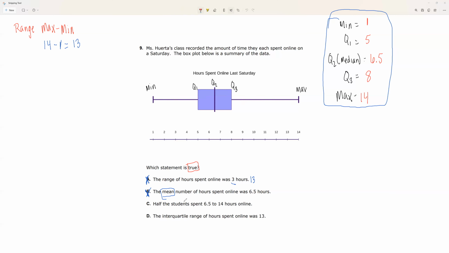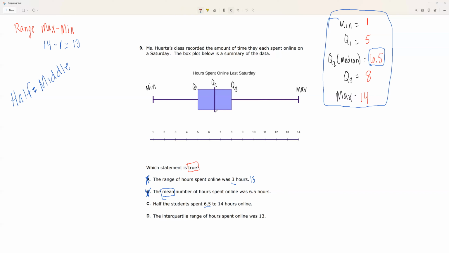C says half of the students spent 6.5 to 14 hours. Now half. When you hear the word half, what do you think about? We should recognize that when we hear the word half, that is talking about the middle. So my middle is my median, which was 6.5. 6.5 to 14.